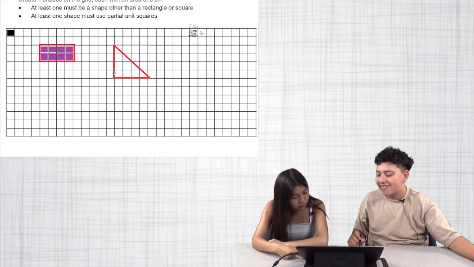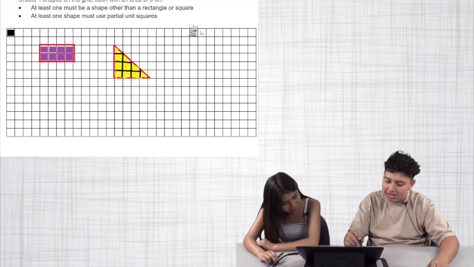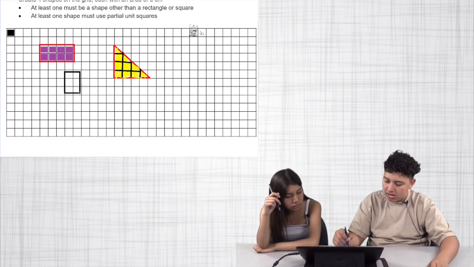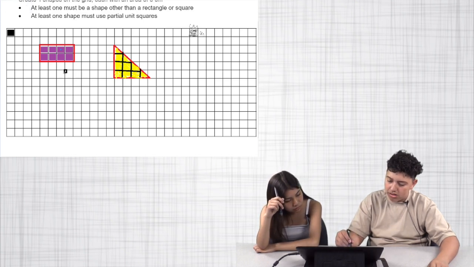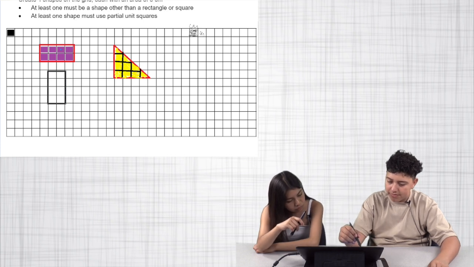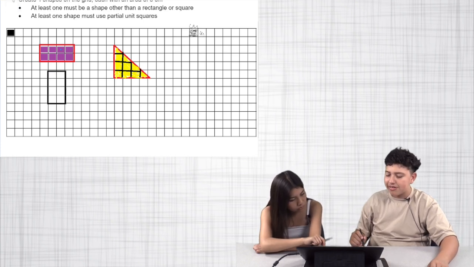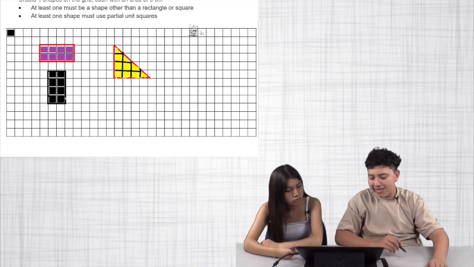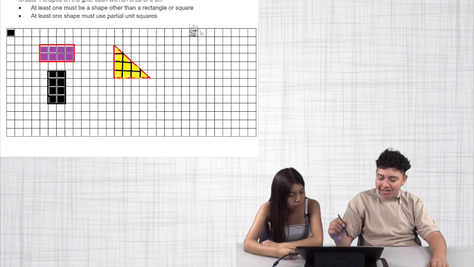Right there's good, huh? Another rectangle? Yeah. Make it vertical though. One more shape.